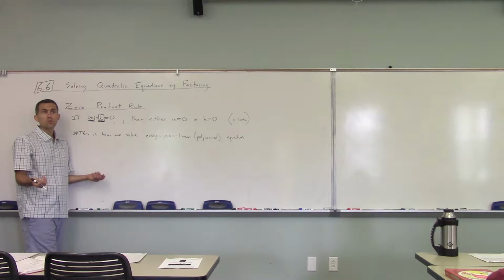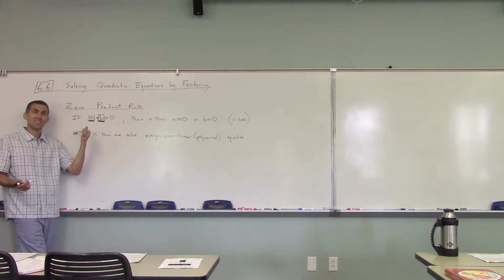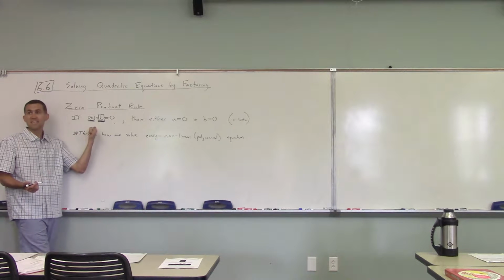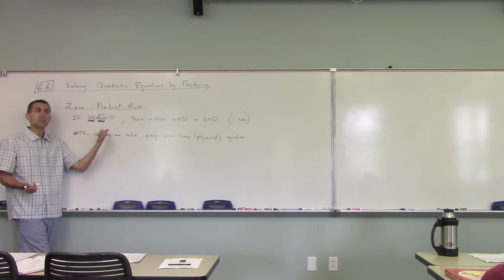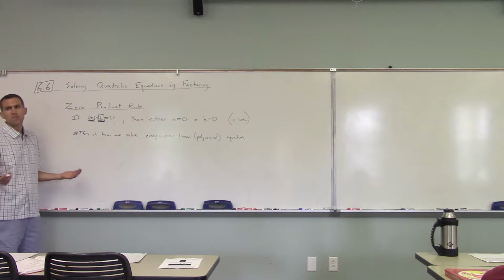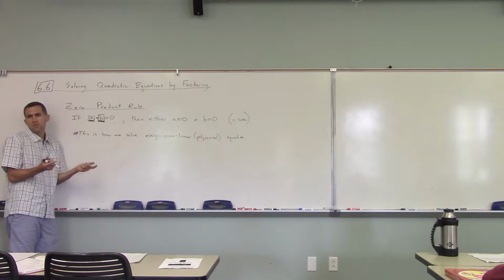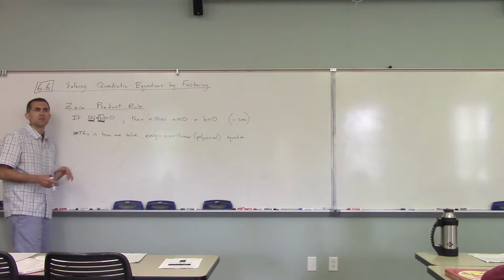And so how many solutions will there be? 0, 1, 2? Two. Either in this case, A is 0 or B is 0. Those are the two answers here, or both. But we're just going to say A could be 0, B could be 0. If they're both 0, it still follows that A is 0 or B is 0.